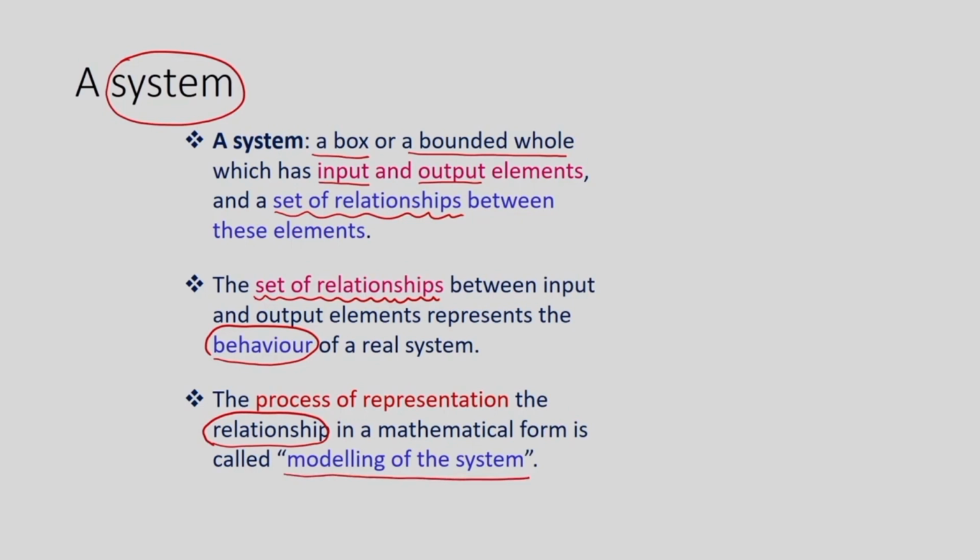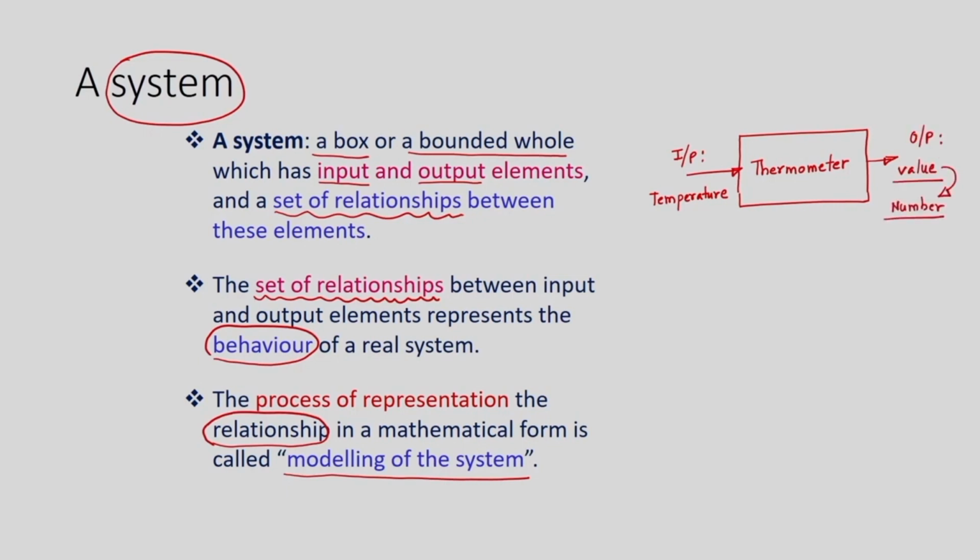A simple example of a system is a thermometer. Thermometer is a very common system that we have. The input to the thermometer is temperature, since the thermometer measures the temperature. What we get from this thermometer is a value, a number displayed on the screen if it is a digital thermometer, or if it is an analog thermometer, then we can see it on a scale.